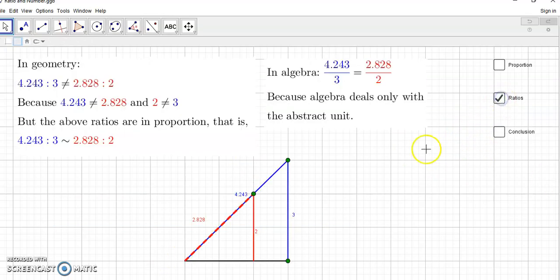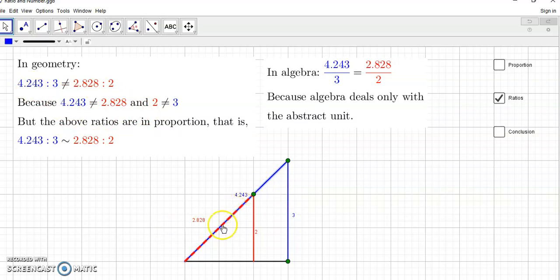Now, in geometry, if we're looking at a right angle isosceles triangle, like this one over here, we can say that this blue ratio is not equal to the red ratio. They're in proportion, but they're not equal. Why? Because this blue line here that I'm highlighting is not equal to the broken dotted red line.